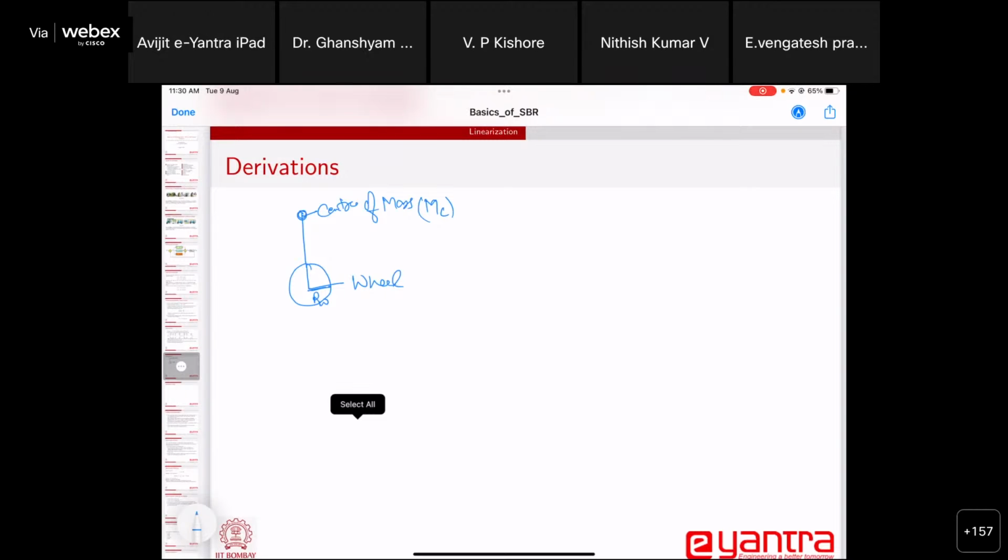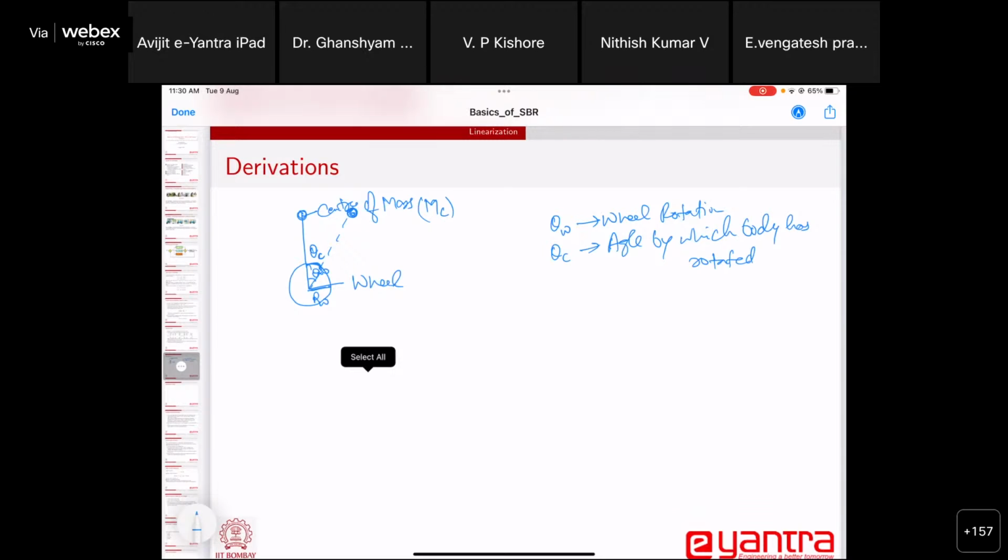Okay. So now if my body moves a bit, the angle it makes with the vertical I'm calling theta C. And similarly, if my wheel has been rotated by a certain angle, I'm calling this wheel rotation theta W. So theta W is the wheel rotation, and theta C is the angle by which the body has rotated.